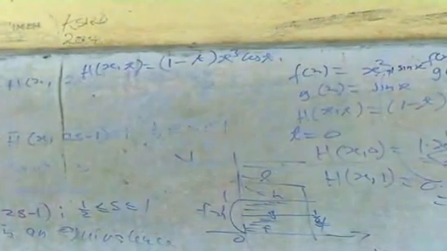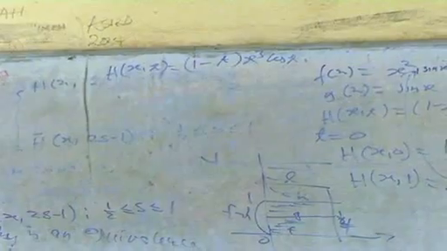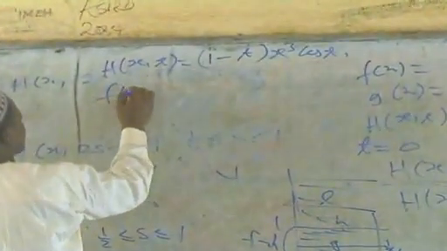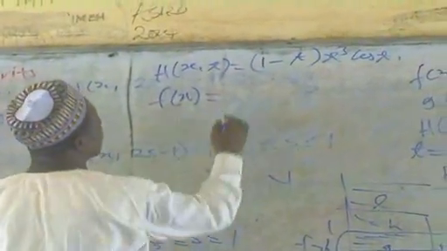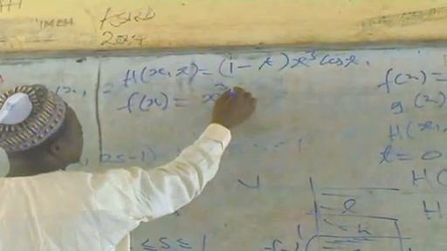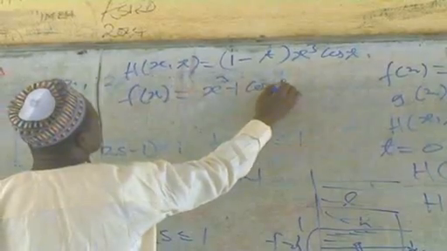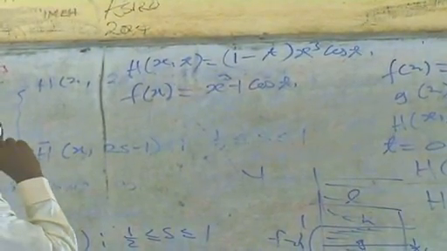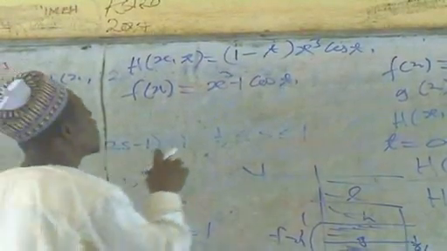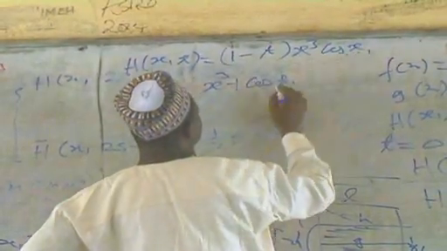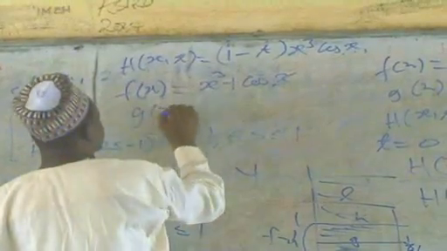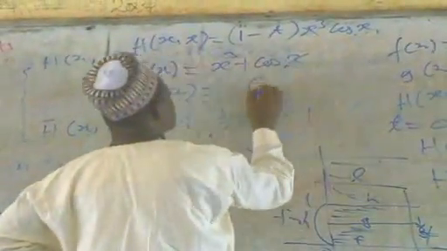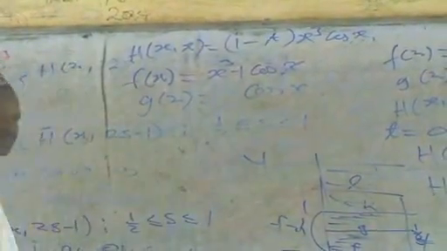Just like you can do this, let me call f of x x cubed and g of x cos x. See what happens.